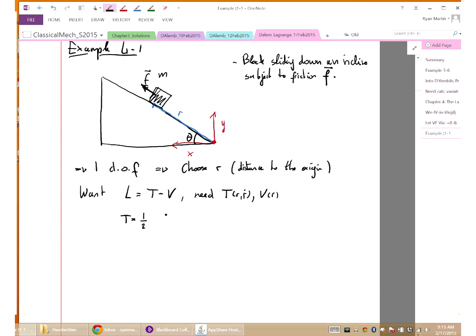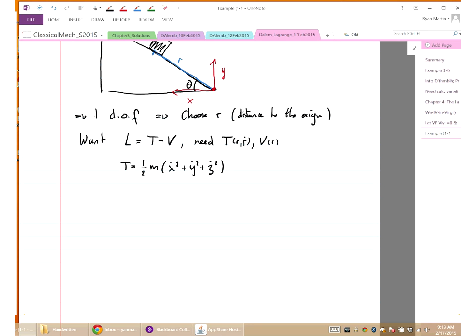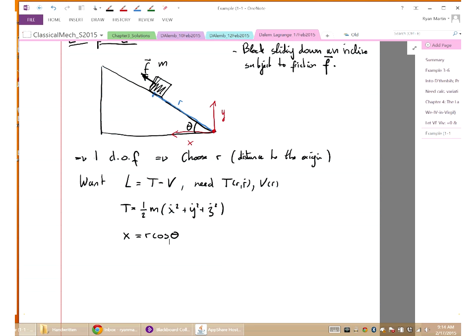T is always easy to write out in Cartesian coordinates. T is always a half m times x dot squared plus y dot squared plus z dot squared. So what we really need is x dot, y dot, and z dot in terms of r and r dot. So let's start with x. The x position is given by r cos theta. If you look at your diagram, the x position of the mass is r cos theta.